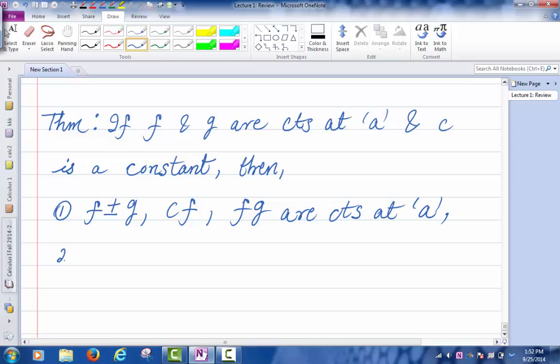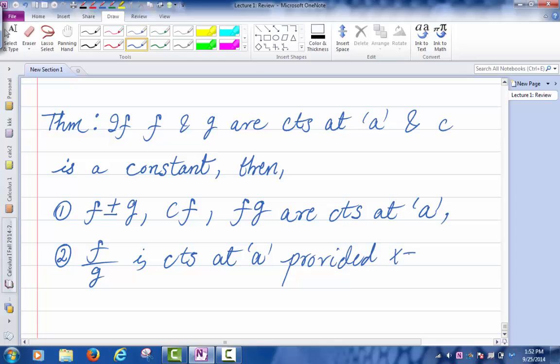And number two, their ratio function is also continuous at a, but in this case I have to put a condition, provided that g of a is not 0.